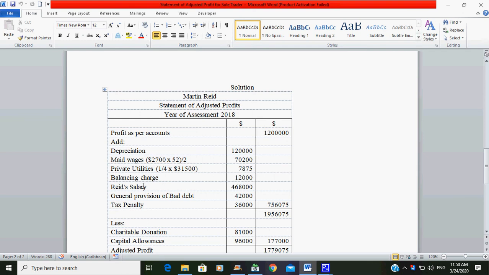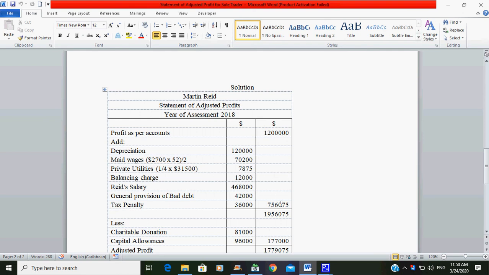Reed's salary is 39,000 paid to Martin monthly, so 39,000 times 12 gives $468,000. That was taken out of the money to calculate profit, which should not be the case for taxation purposes. Then the general provision for bad debts will be added back as well, and the tax penalty will be added back as well.